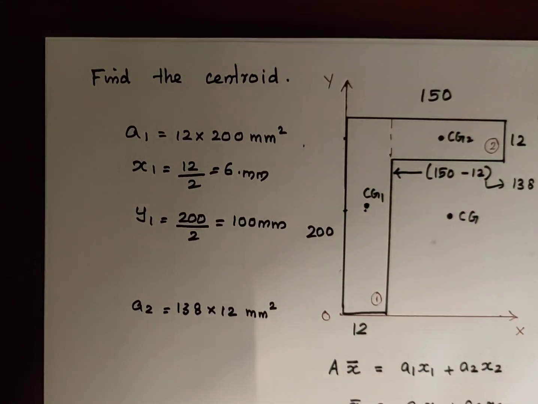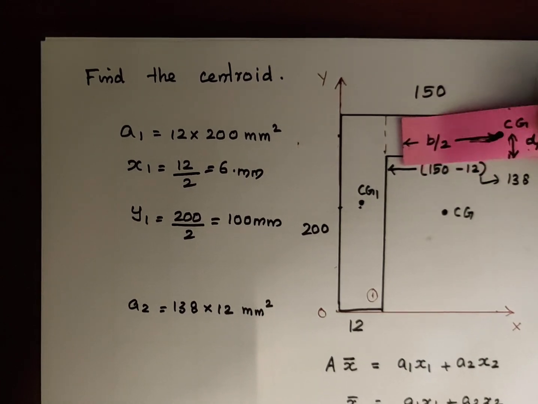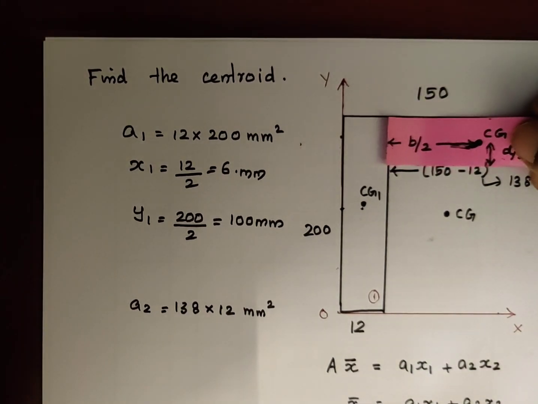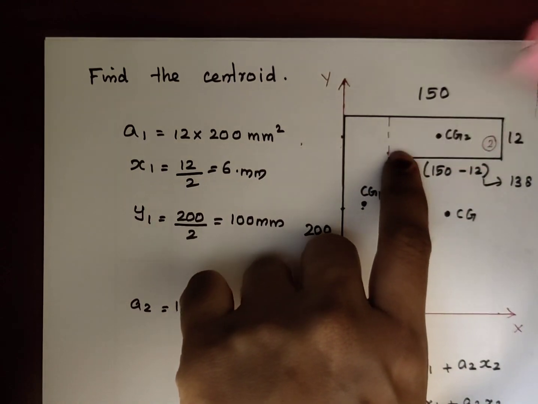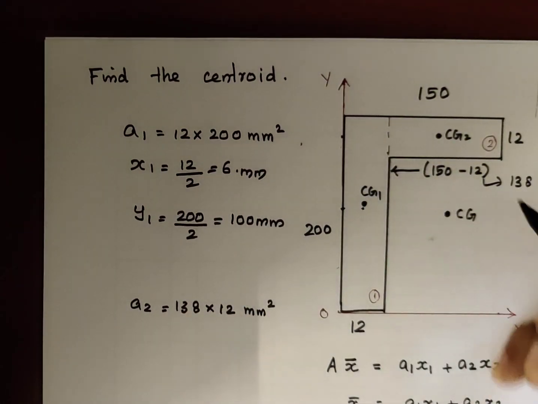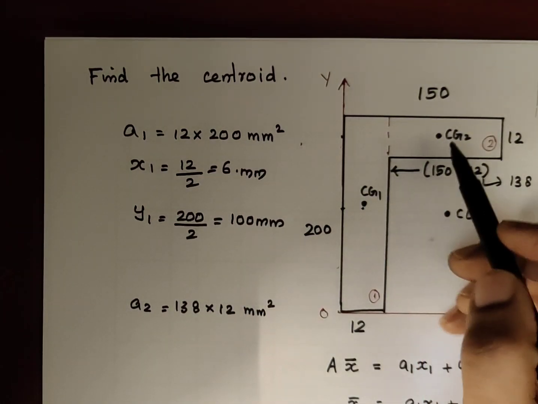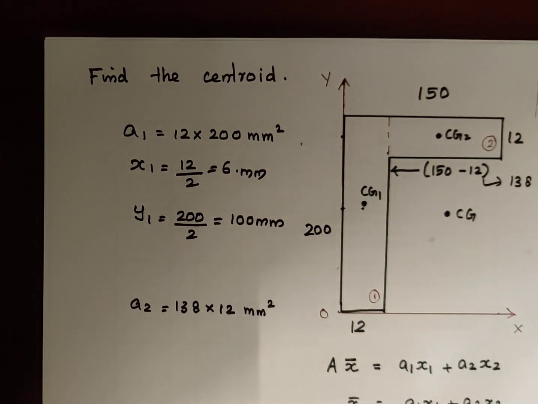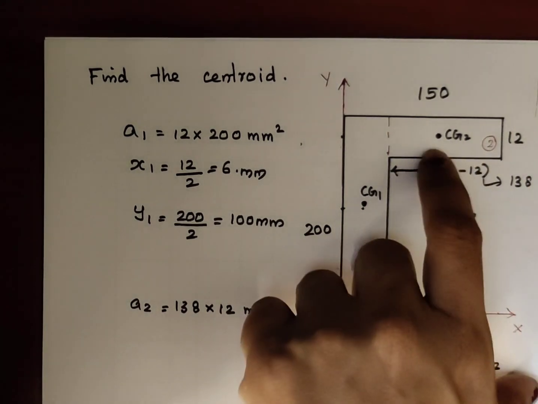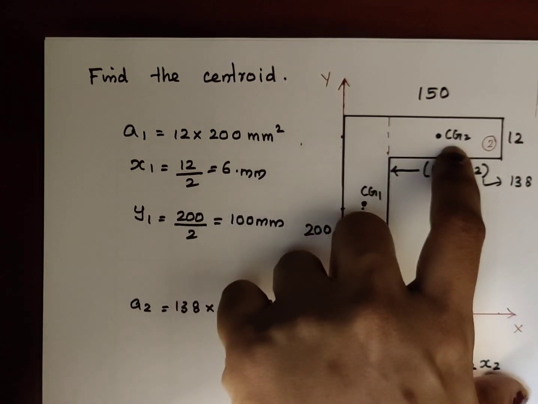So now the second rectangle. Second rectangle is this one. So here you have to mark the distance of this centroid from this reference axis.